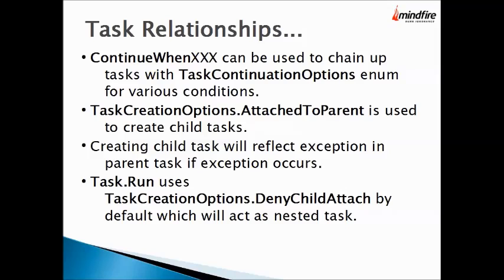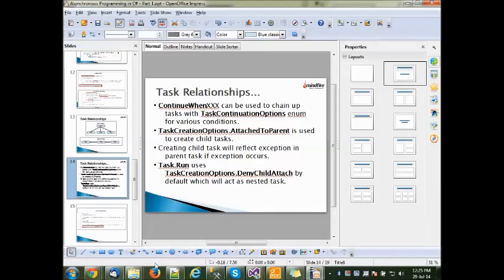Continue with is for chaining up the tasks. So if we need chaining of tasks, we can have this continue with whatever items would be there, and as a parameter we have something called task continuation option that we will be looking at. In the task creation option, we have attached to parent and deny child attach. Let me give an example on these points.